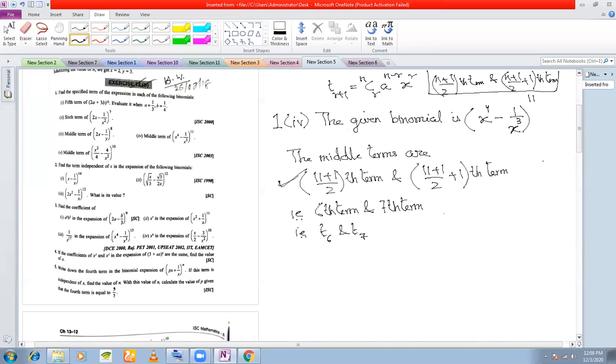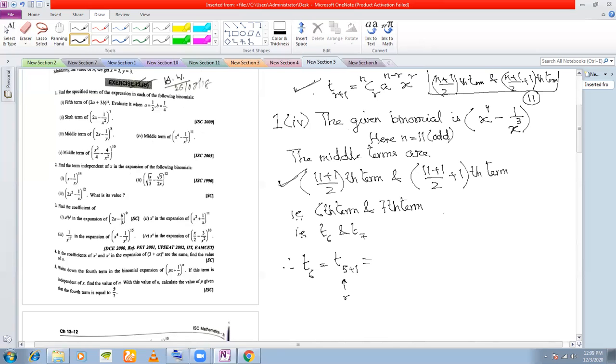So let us proceed to find out what the middle terms are. So therefore, what is T6? Again here, we use T(r+1). T6 here is T(5+1). So the value of r here is 5. And what is the value of n here? n here is 11. So let's write here n equal to 11, odd. So n here is 11, r here is 5.